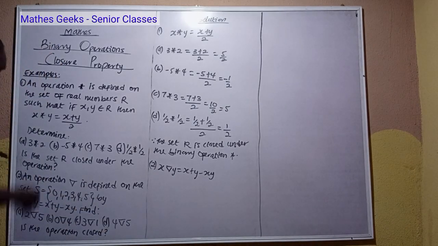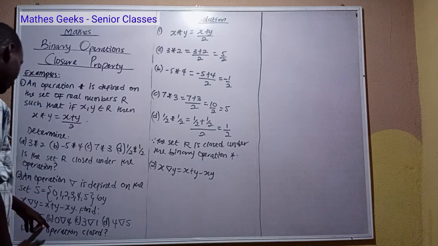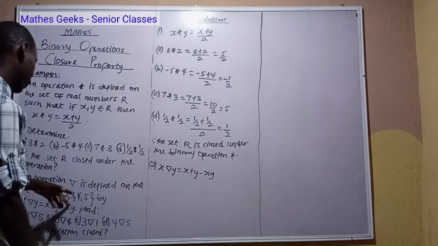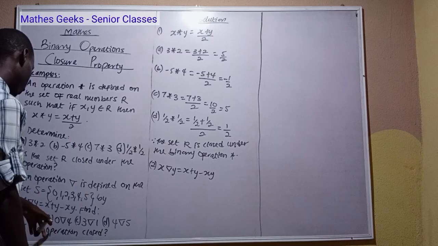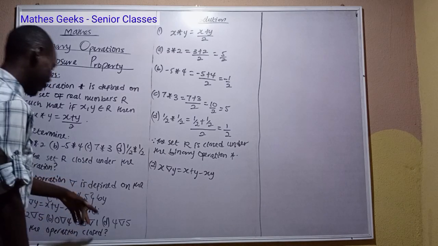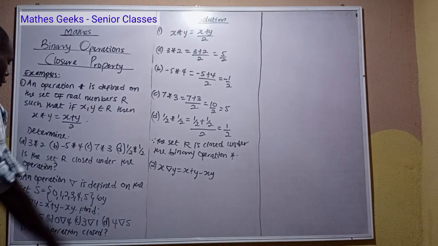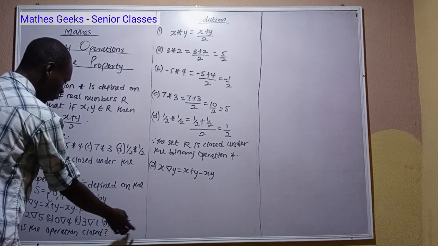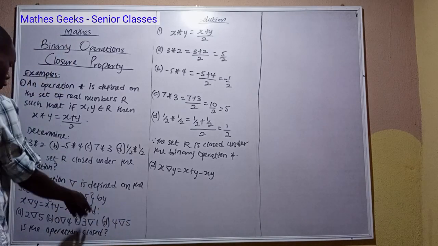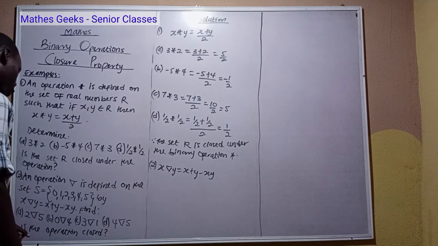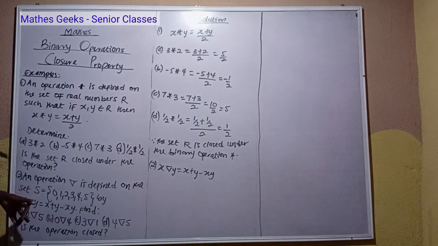Let's take it. What I mean is that assuming we work on E and discover that the answer from the combination of 2 and 5 produces a third element that belongs to the set S, and then we work on B, the answer is also in the set S. C, yes, set S. D did not produce a third element that belongs to the set S. So for the sake of D, the answer we got from combining these two elements does not belong to the set S, which means the set S is not closed under this operation.